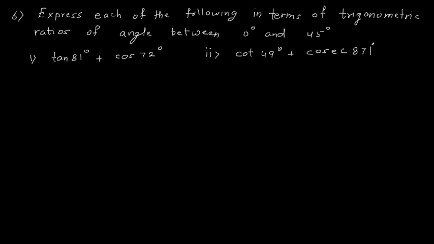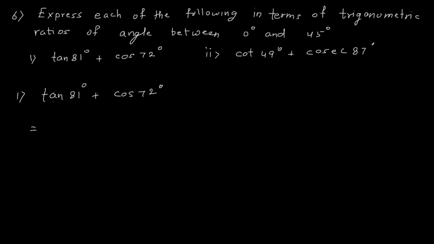Question number 6. Express each of the following in terms of trigonometric ratios of angle between 0 degree and 45 degree. So in these problems we have to convert the angles which are greater than 45 degree to less than 45 degree. The first question is tan 81 degree plus cos 72 degree.